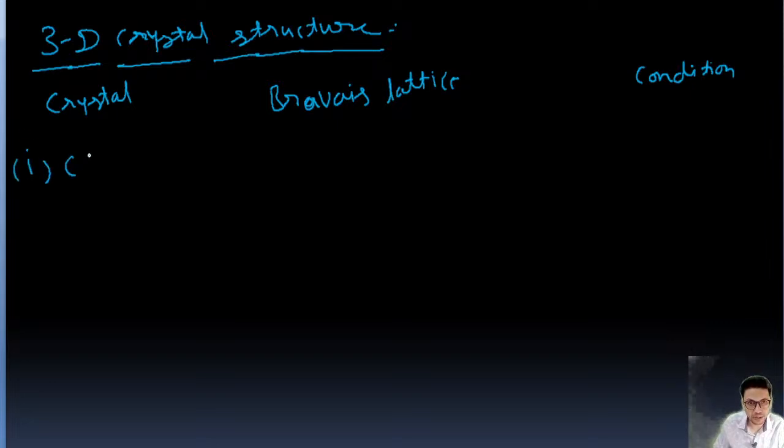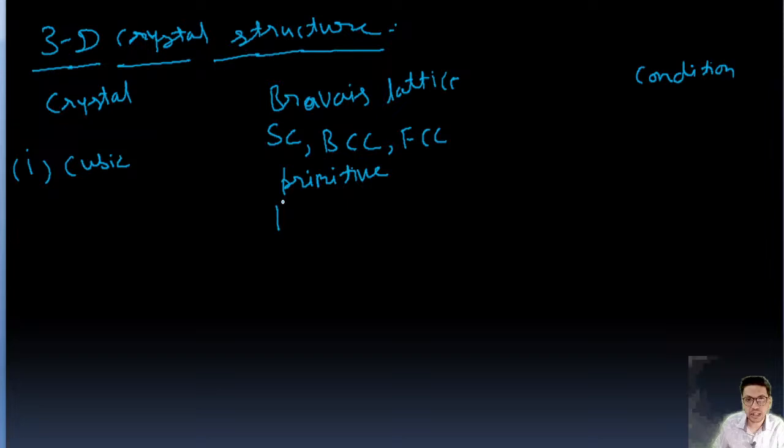So first we will talk about the cubic crystal. The Bravais lattices for the cubic crystal are SC (simple cubic), body centered, and FCC.